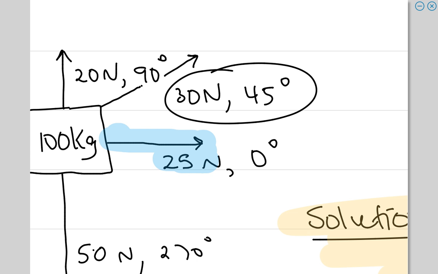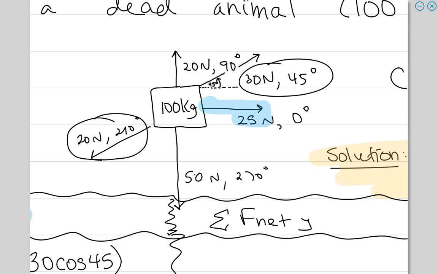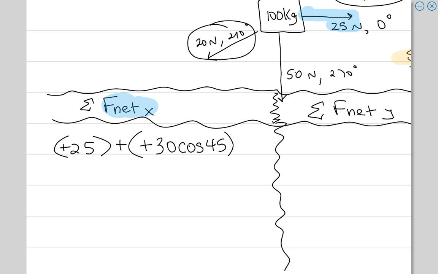That's because that angle's been made with the x-axis, if you think of it that way. There's a 45 in there. So if the angle is made with the x-axis, then it's always going to be cos for x.